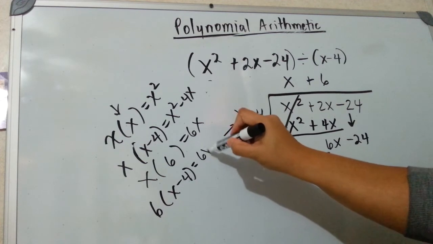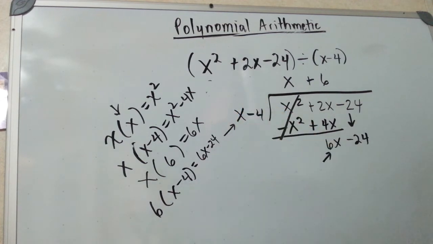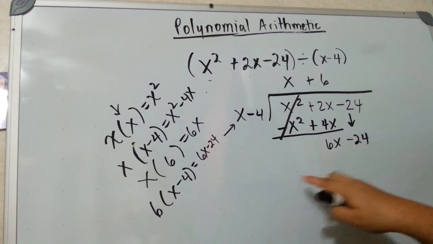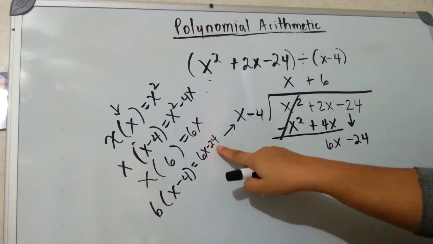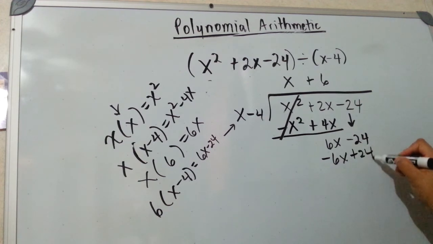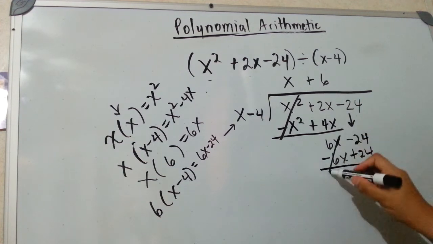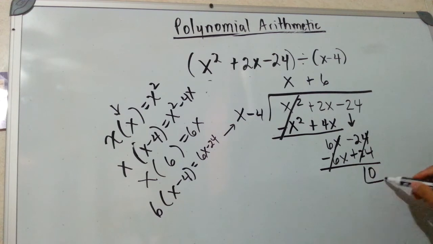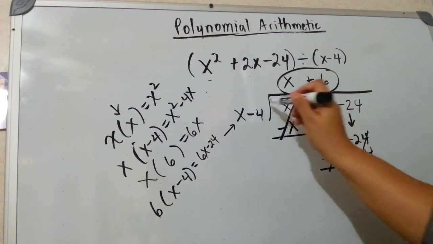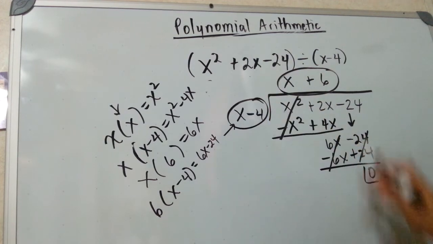And we get 6x minus 24. And remember, when we put it over here, we have to change the signs. Positive becomes negative, negative becomes positive. This cancels and this cancels. That means our remainder is 0. So the answer would be x plus 6. Right?